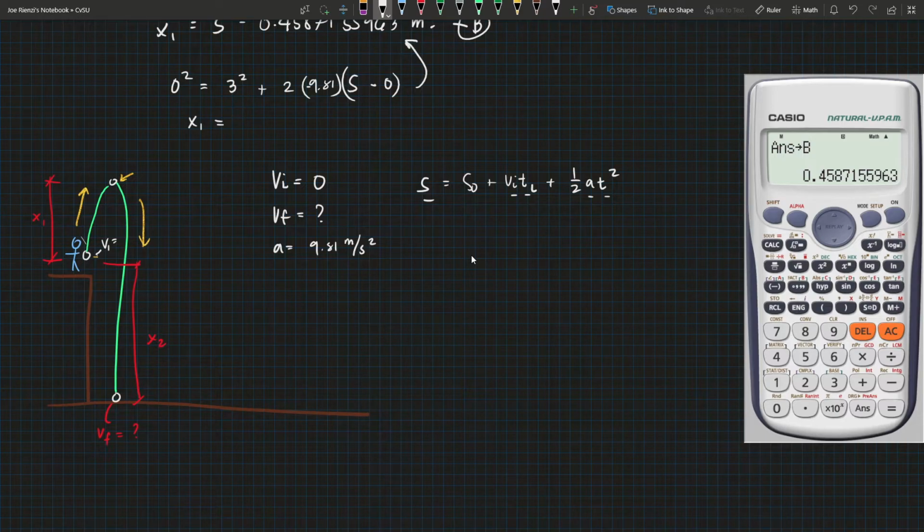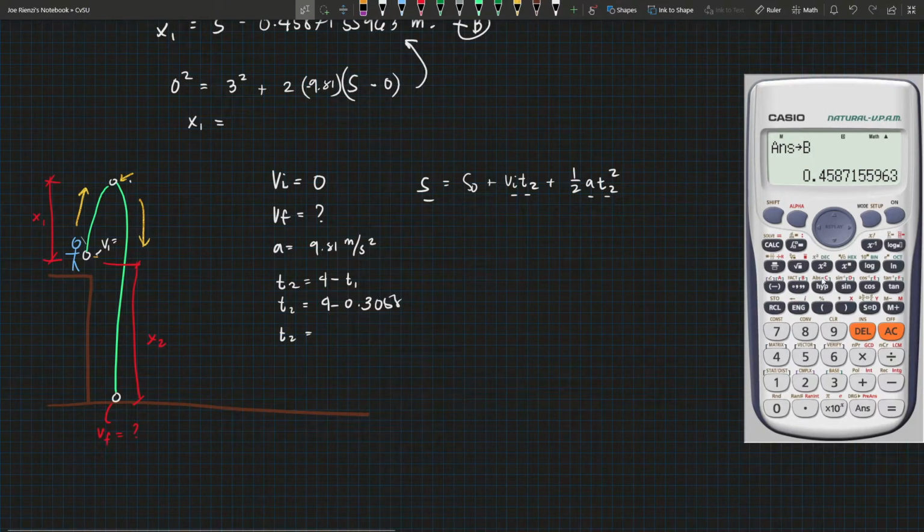Yung time na gagamitin natin dito is yung T2. Ngayon, kung ang T1 natin ay yung first part, ang T2 natin is yung 4 seconds minus yung first part. So, our second time or yung time na nakonsumo mula dito sa taas hanggang dito sa pinababa is 4 minus 0.3058 or simply 4 minus yung A natin.